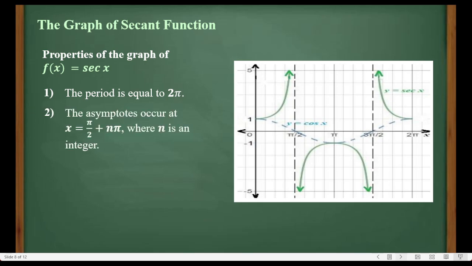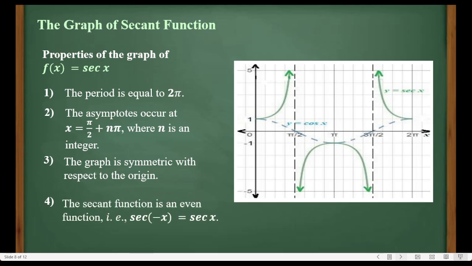The asymptotes occur at x coordinates, and these coordinates are determined by this formula: x is equal to pi over 2 plus n pi, where n represents an integer. Then the graph is symmetric with respect to the y-axis. The secant function is an even function, meaning if x is replaced by negative x, the value of secant will not change.